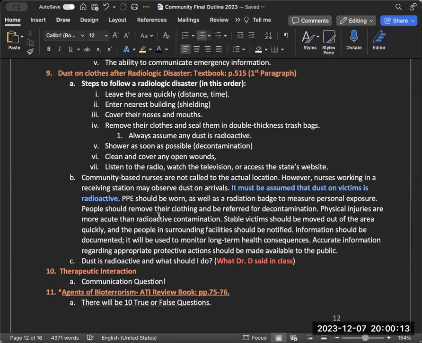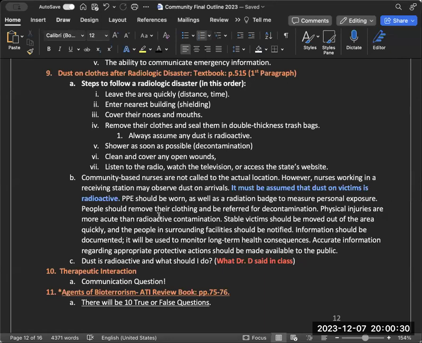If we have dust or we've been exposed to someone who has dust, we want to get out of this area, right? Because we're going to don the PPE before we do anything with them. We protect ourselves so that we can assess them and do whatever.